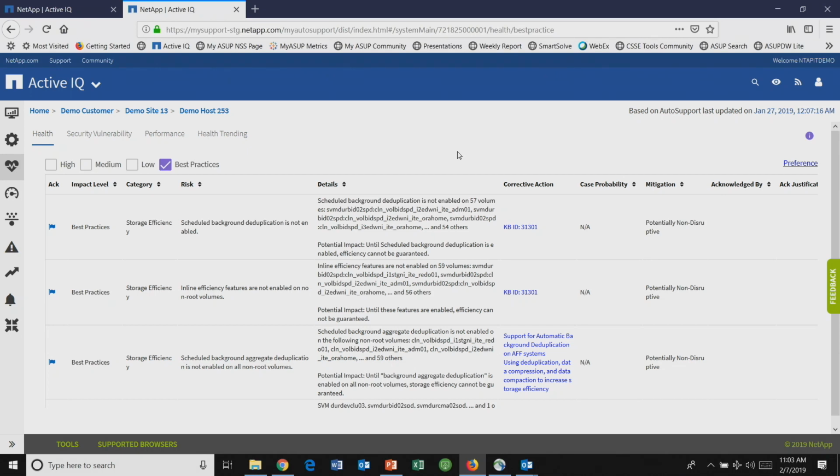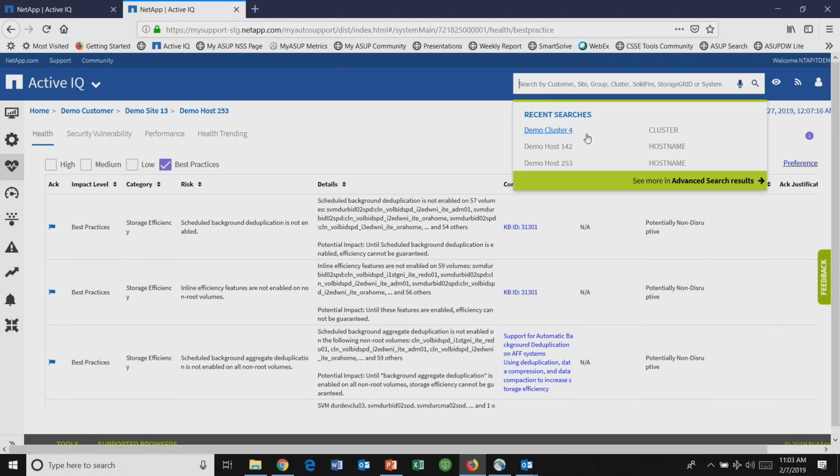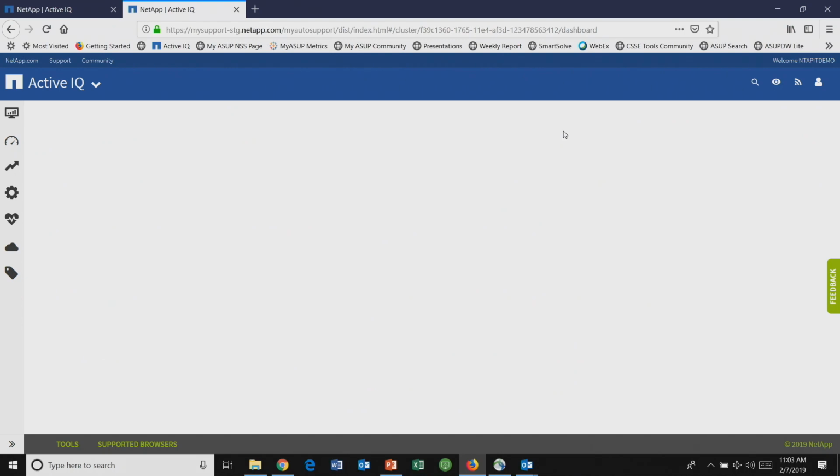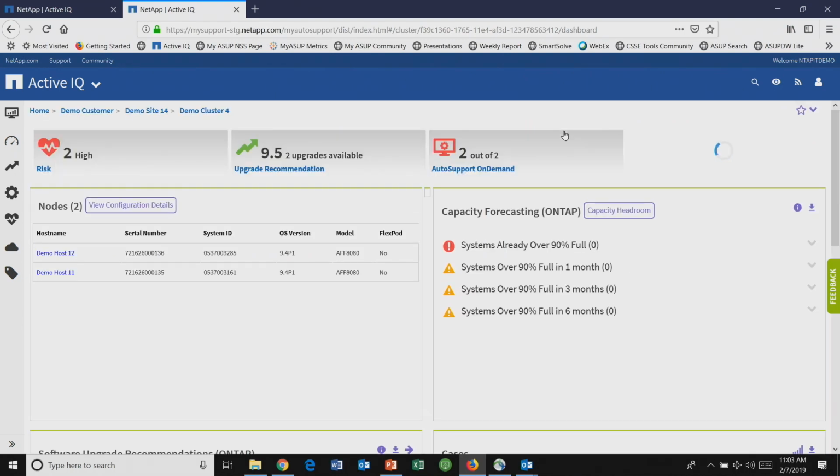What she wonders is, are there ways to really go down even deeper and see some context sensitive ratios for certain workloads that she has in a particular production cluster. So she knows the name of the cluster and searches by that cluster name, and in ActiveIQ, it brings up the dashboard for that particular cluster.